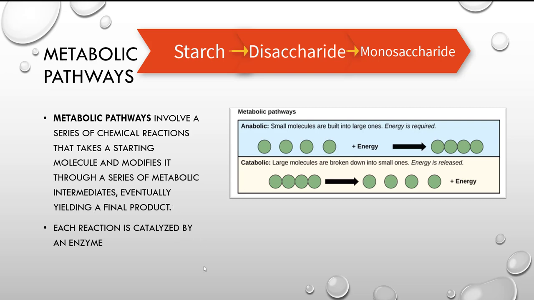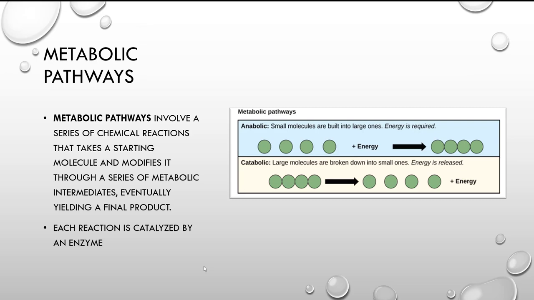Okay, and each one of those chemical reactions is catalyzed by an enzyme. So what are enzymes? If we go way back, we learned in topic 3 that enzymes are a type of protein.